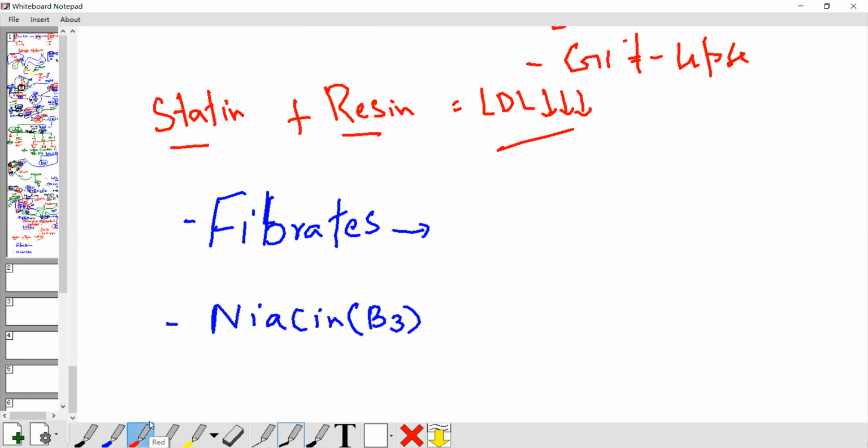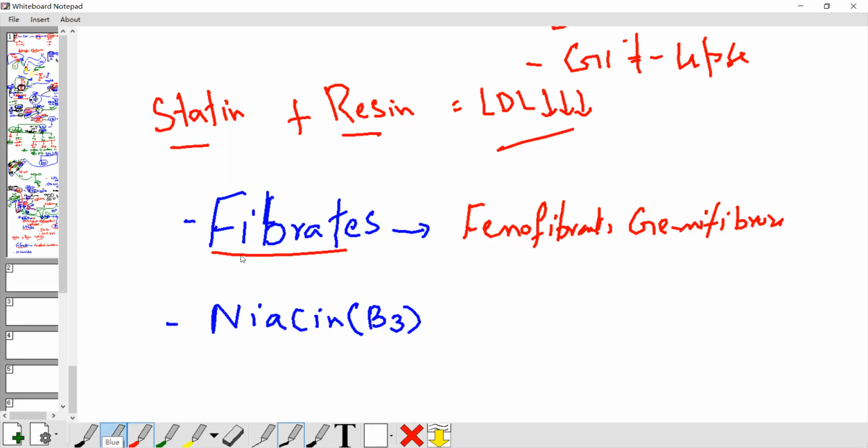It's vitamin B3. In the fibrates we have fenofibrate and gemfibrozil. These two are the fibrates, and niacin.